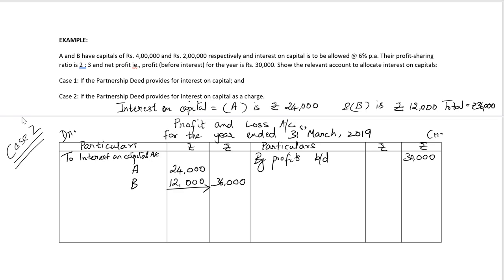There is no interest on drawings, so the loss has to be directly transferred to the partners' capital accounts from the profit and loss account itself. So we'll make the transfer by loss transferred to partners' capital accounts, assuming the fluctuating capital method.